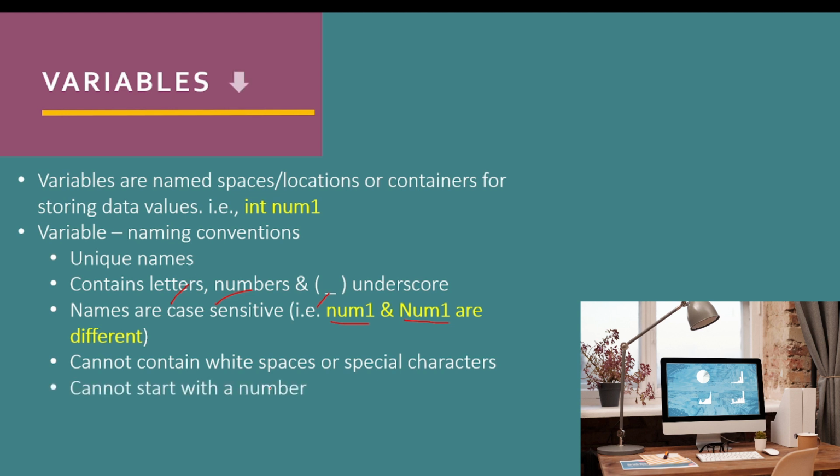You cannot start a variable name with a number either. Last but not least, you cannot use a reserved keyword in variable names. Reserved keywords are those keywords which are already used in C programming, for example for, int, default, or switch. These are reserved keywords which C programs use and which are provided by the libraries. So you cannot use them. Okay, let me take you to the editor to see it happening.